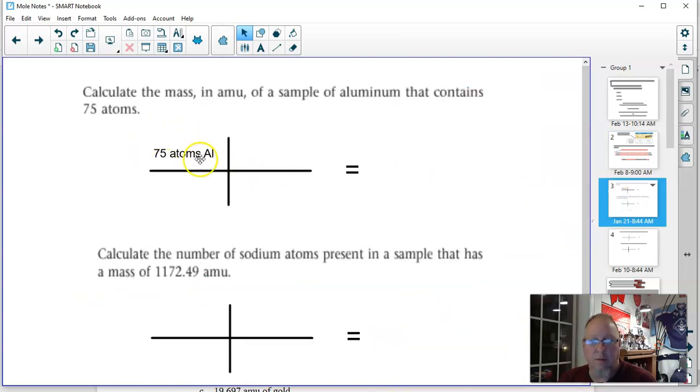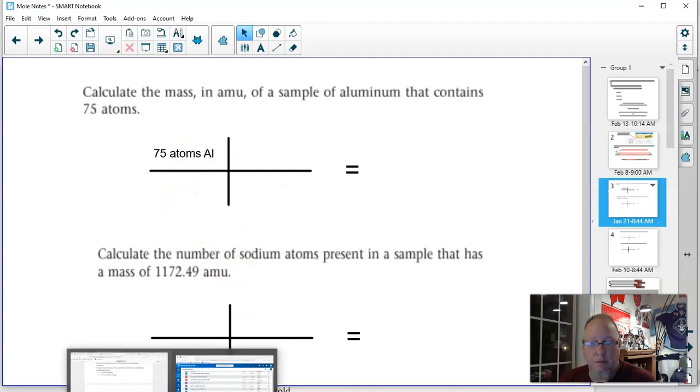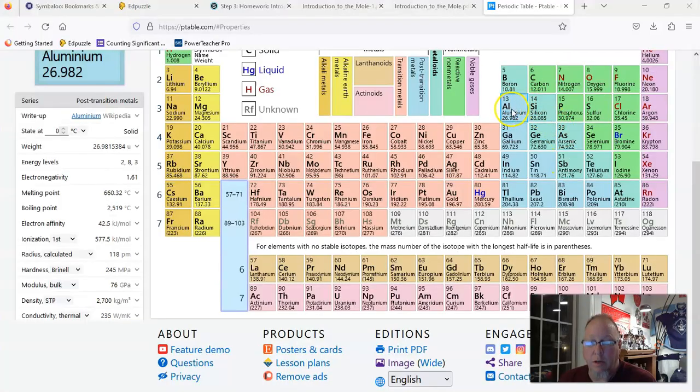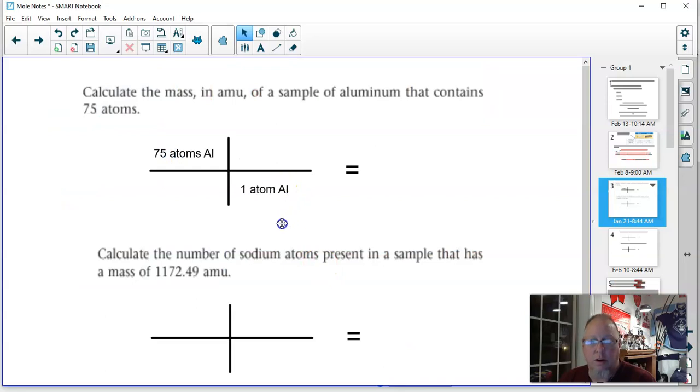So if I'm trying to find 75 atoms of aluminum, I need to go to the periodic table, find aluminum, and it is 26.982. So 1 atom of aluminum is 26.982 AMUs of aluminum.